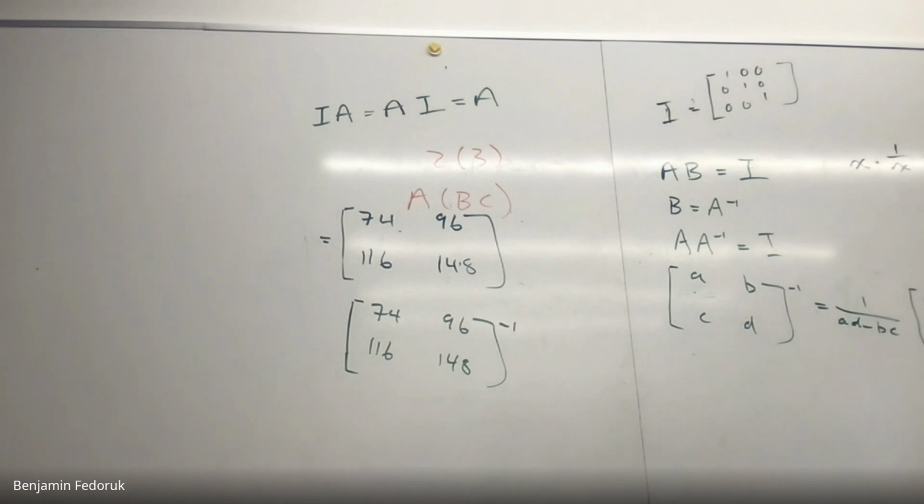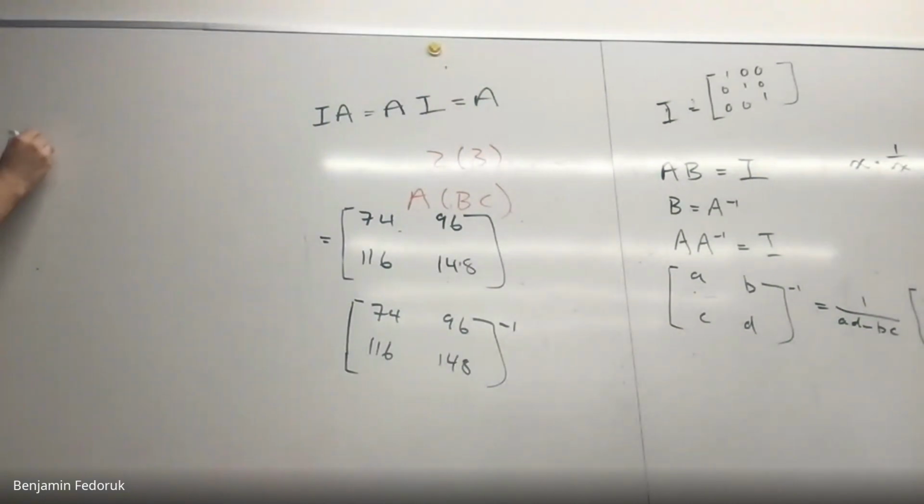Does anyone know why? Exactly, if it wasn't a square matrix, then when you multiplied it you would end up with something that isn't square, and so it couldn't be I. So it has to be a square matrix.